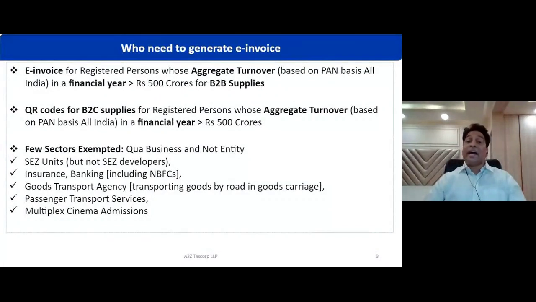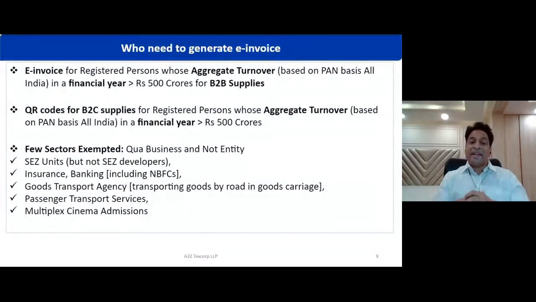Now, this is the two important provisions. Who all are exempted? They need not follow the provision of e-invoice generation. First, SEZ unit. I'm saying SEZ unit, not developer. The developer is required to. Only the SEZ unit is exempted.